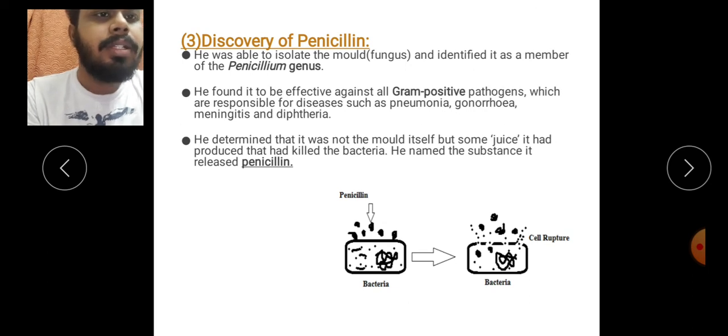Penicillin binds to it and inhibits the cell wall synthesis of this gram-positive bacteria, and as a result the cell wall bursts, or ruptures. In this way penicillin ruptures the cell of gram-positive bacteria. This is the function of penicillin.